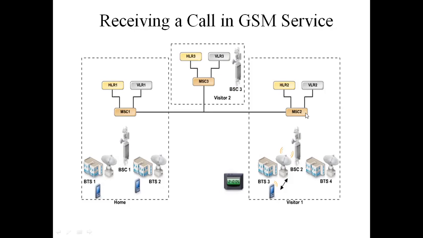The receiver cell phone, either visitor 1 or visitor 2, monitors the paging channel periodically, and once it receives the call alert from the base transceiver station, it responds to that base transceiver station, and the BTS then communicates a channel and a time slot for the cell phone to communicate. In this manner the call is established.